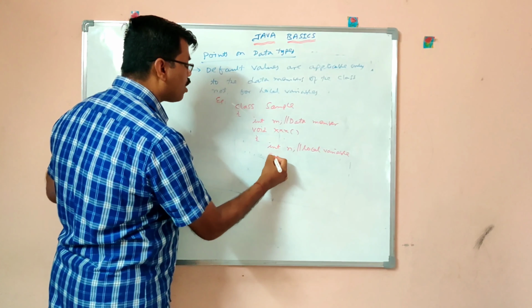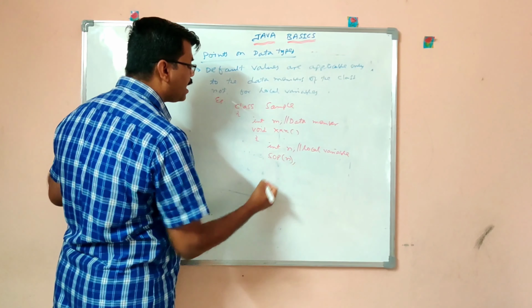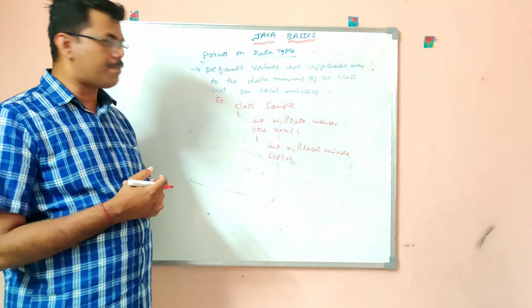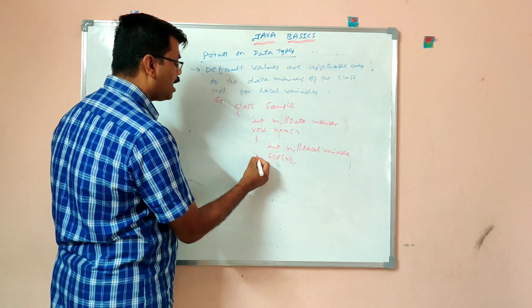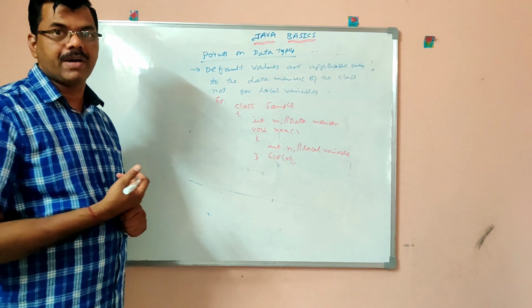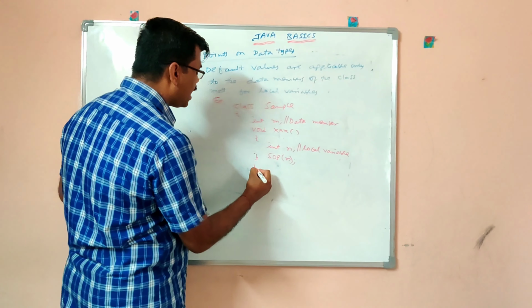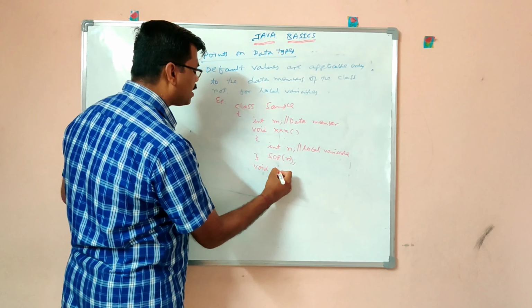Now let us print this local variable. SOPLN indicates it is System.out.println, which is used to display the value of variables. And to run a Java program, we require a main method. So let me write only the part of the main here. And in this main method, we are creating an object of sample, like sample s = new sample.